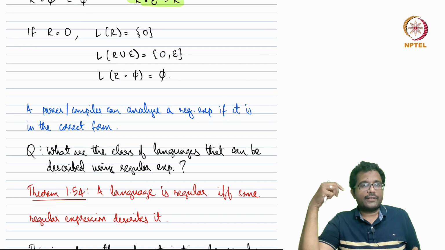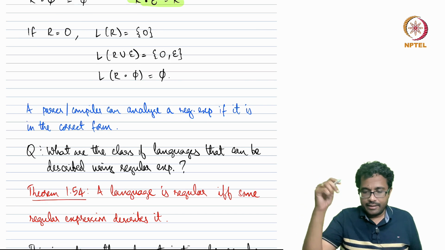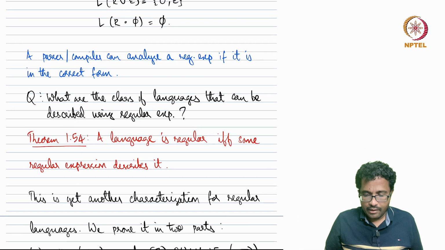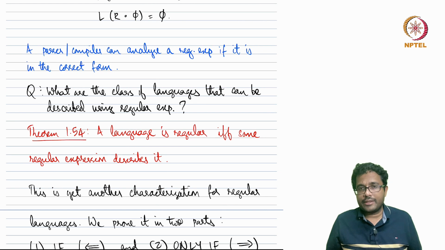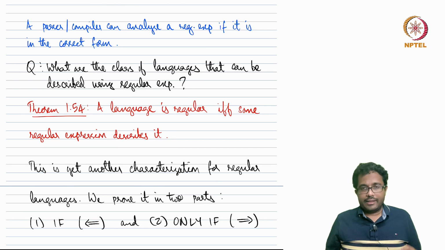Thankfully, we don't have this confusion, because the class of languages that can be described using regular expressions is the same, the class of regular languages. That is what we have next to show. The class of languages that can be described using regular expressions is exactly the class of regular languages.